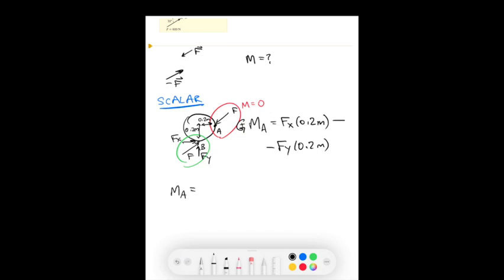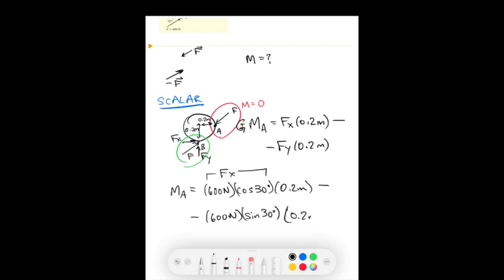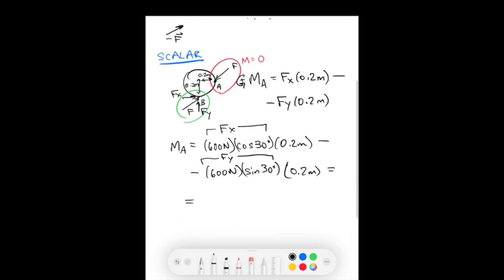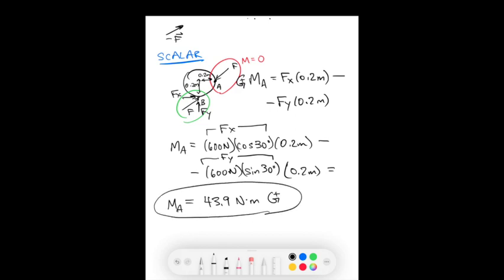So the moment about A is equal to 600 times cosine theta times that distance. So this is Fx, minus sine theta. And here is Fy. When we plug those values in, we find that Ma is equal to 43.9 Newton meters, rotating in the counterclockwise positive direction.